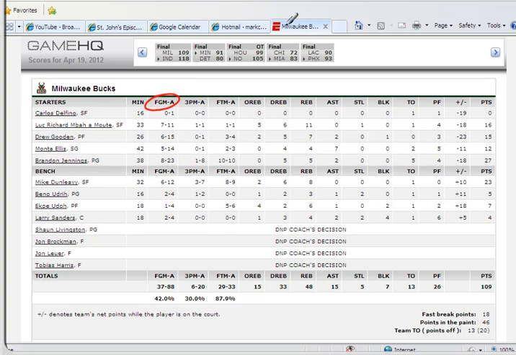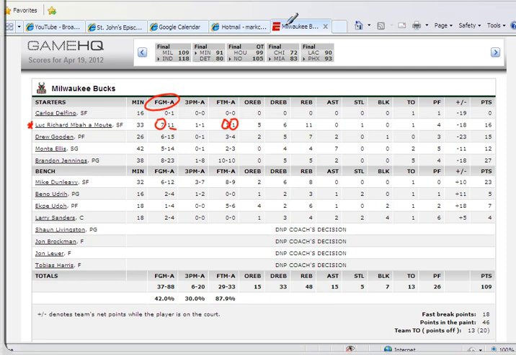So, Luke Richard, whoever this person is, took 11 shots and made 7 of them from the field. Now, free throws, he took 1 free throw and made 1 free throw. So he was 100% from the free throw line last night. He was 7 of 11 from the field last night.